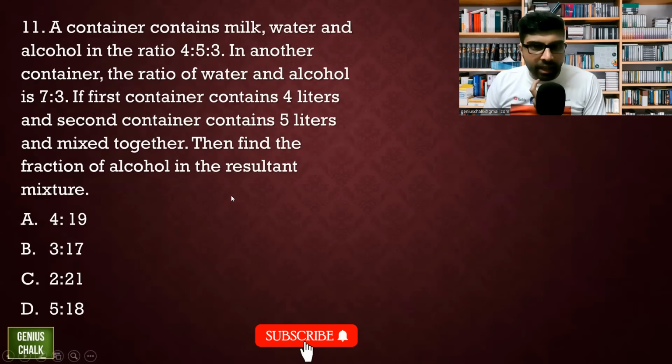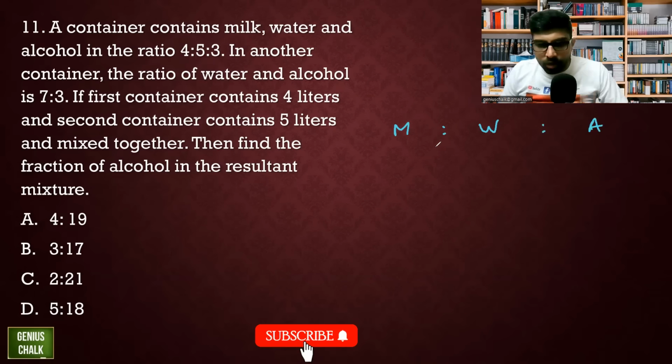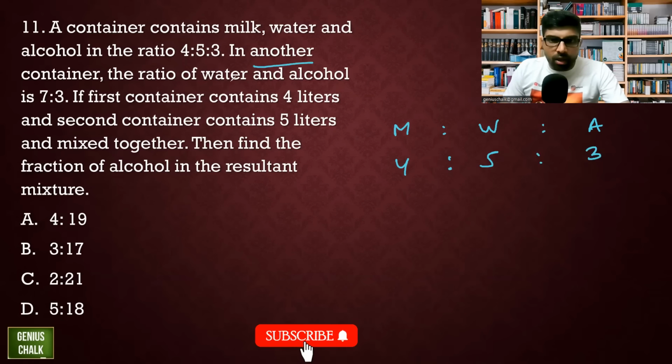Now a container contains milk, water, and alcohol in the ratio 4:5:3. Okay, write it very carefully. So it is milk, water, alcohol. What is the ratio? The ratio is 4:5:3. Now, in another container, this is container number 1.